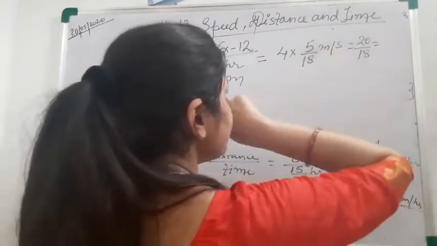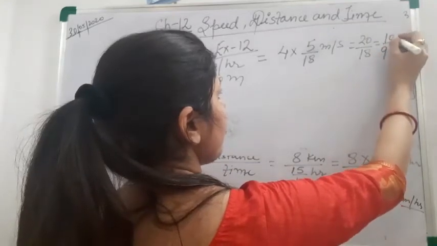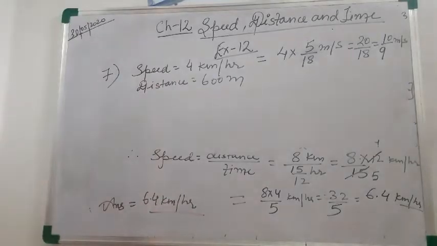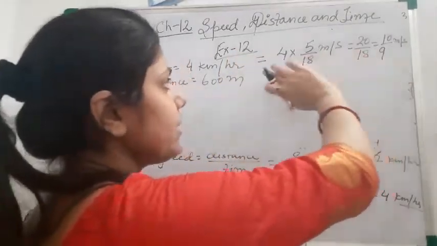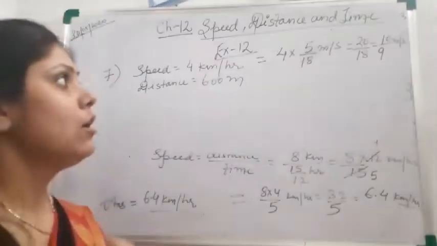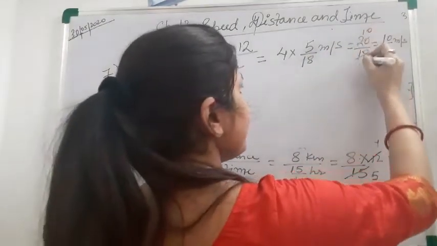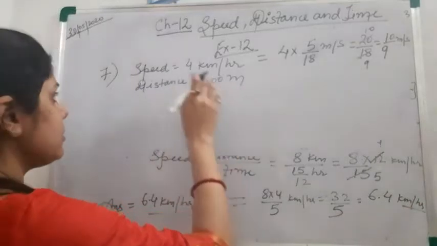It will be 2 1s are 2, 10 upon 9 meter per second. It's coming 10 upon 9 meter per second. And distance is given 600 meter. I have converted this kilometer per hour into meter per second by multiplying by 5 upon 18. So 20 upon 18, when you will reduce it by 2, it will come 10 and here 9.